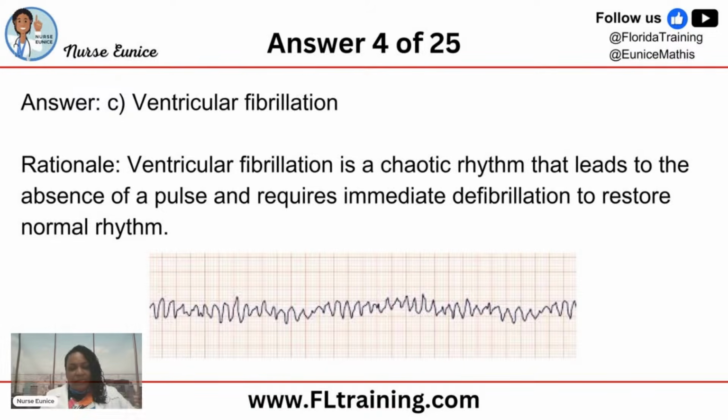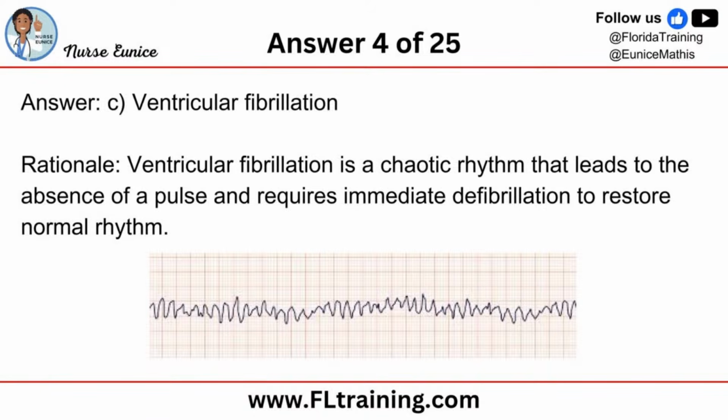But you don't see those QRS complexes. It's just like they're just quivering. There's nothing distinct. So if you were to take this person's pulse, they wouldn't have a pulse. This would be a rhythm that not only requires defibrillation, it's a shockable rhythm, but it's also a rhythm that requires immediate CPR. So the correct response was C.